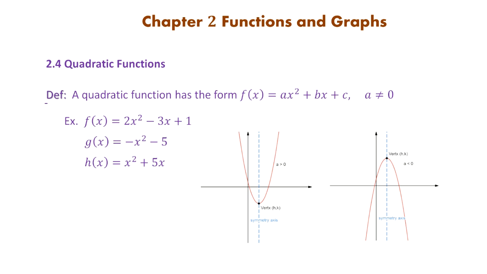Some examples of quadratic functions are f(x) equals 2x squared minus 3x plus 1, g(x) equals negative x squared minus 5, and h(x) equals x squared plus 5x. They are all quadratic functions. If you draw a graph of quadratic functions, you can basically find two categories.